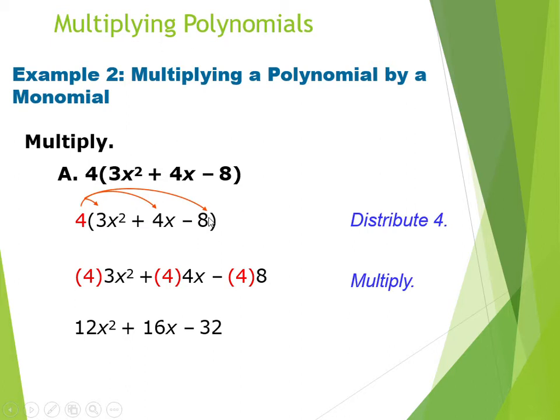So the resulting expressions will be like this. You have to multiply 4 times 3x squared, that is 4 times 3, you have here 12, and then copy x squared only. Okay, so we have here 12x squared. And for the second term, 4 times 4, you will be having 16, right? And then copy x. And then for the last term, you will be having 2 constants.